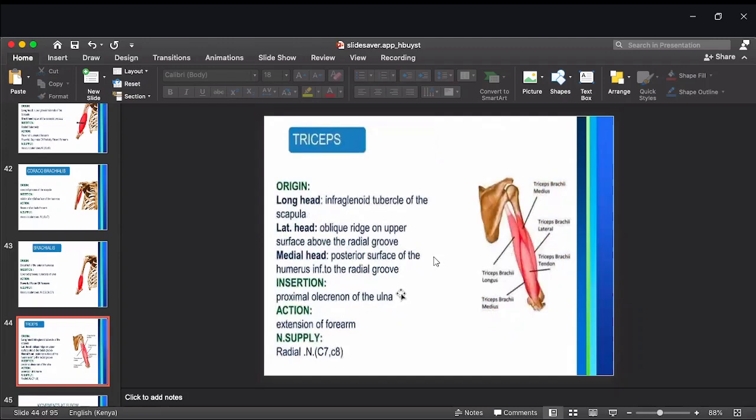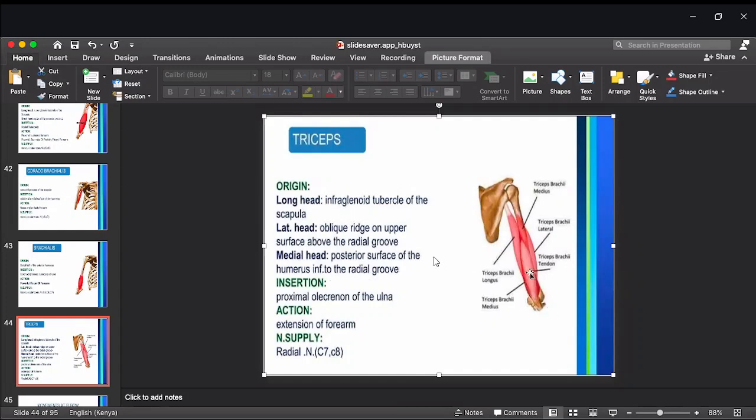For example, the triceps has a long head, medial head, and lateral head, as indicated. The long head originates from the infraglenoid tubercle of the scapula. The lateral head originates from the oblique ridge on the upper surface above the radial groove, while the medial head comes from the posterior surface of the humerus.